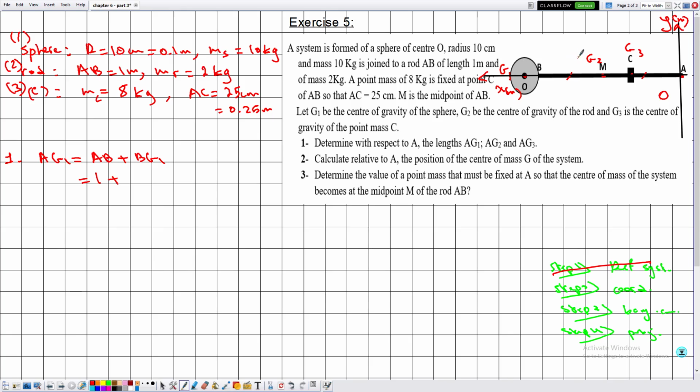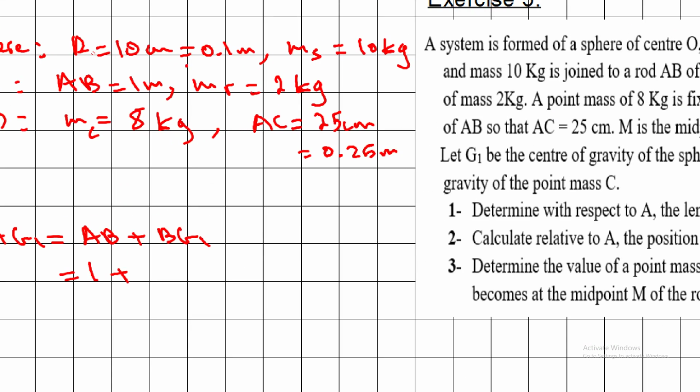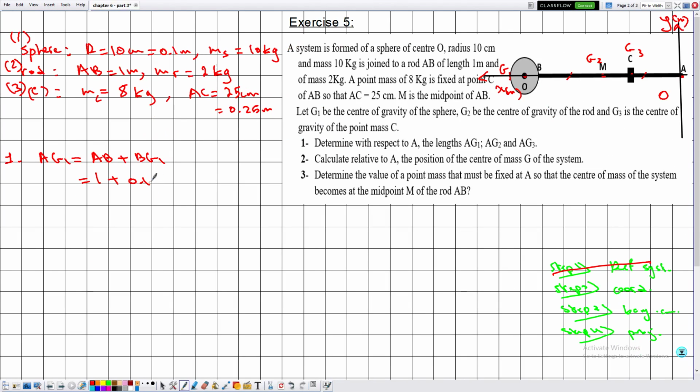Now notice that BG1 represents the radius of the sphere, and the radius of the sphere is given by 0.1, so plus 0.1, which is equal to 1.1 meters. Then AG1 is equal to 1.1 meters, in which the point A is chosen as a reference system, as the origin.